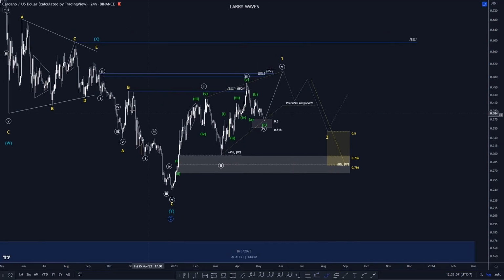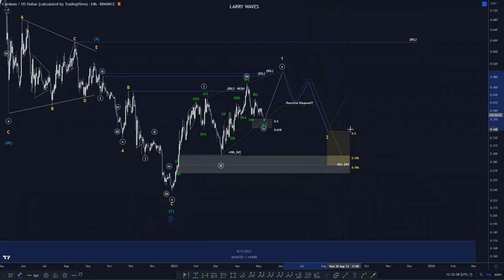We can view this structure as a 1, 2, 3, 4, 5 for an A wave, correct up, impulse down for 1, 2, 3, 4, 5 for a C wave to complete that Y wave. Then right here, it looks like it's basically forming a potential diagonal: 5 up, correct down, 5 up, correct down, potentially 5 up to take these highs. Then we have a move down.